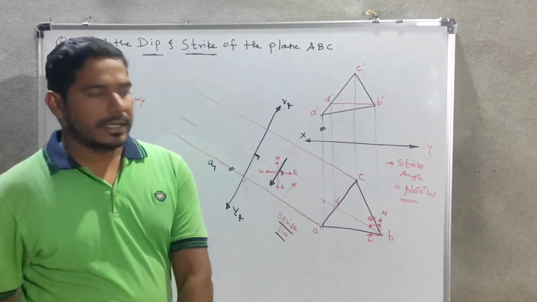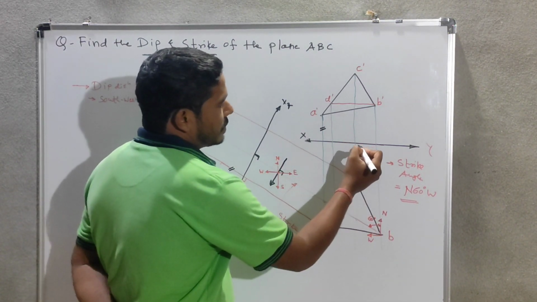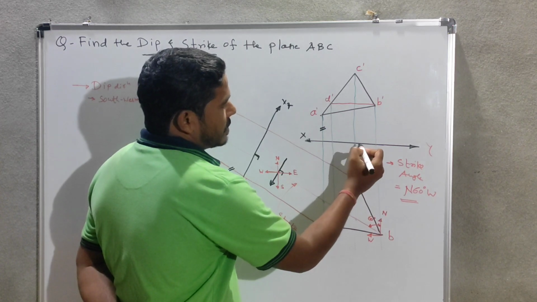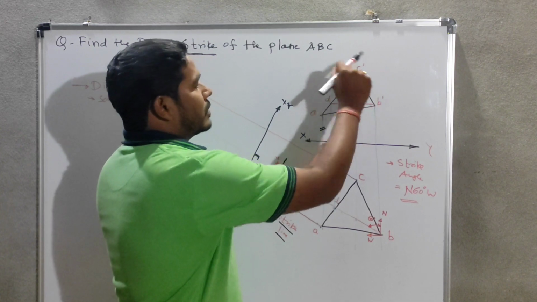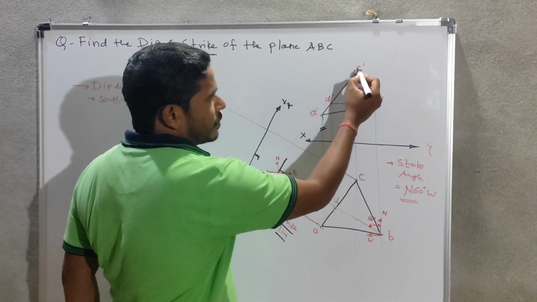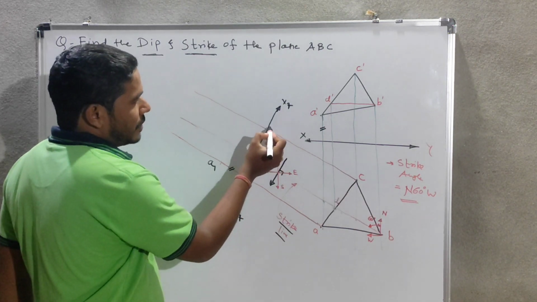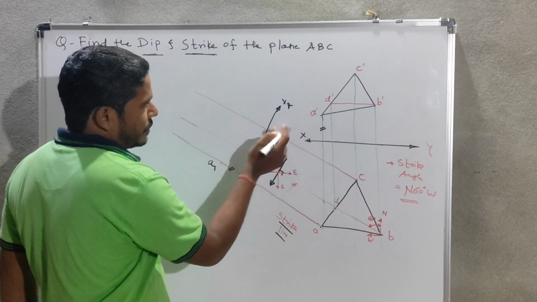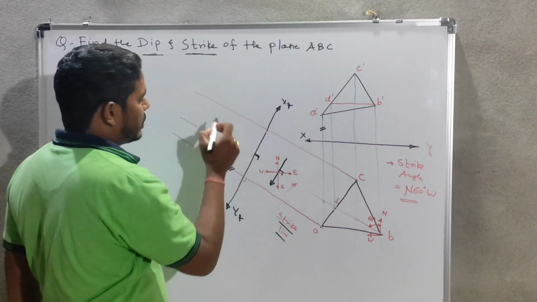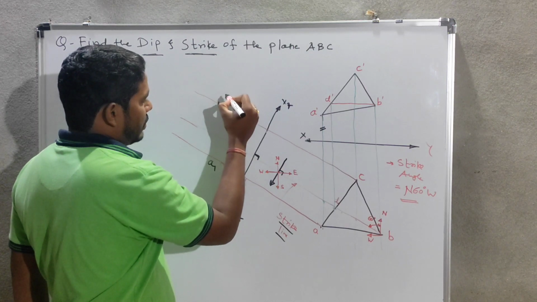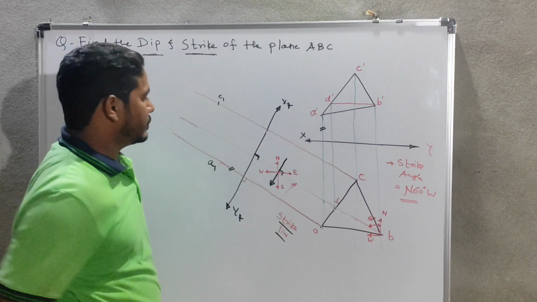Then next we have to take the distance of the point C from this reference axis xy, and we have to mark it on the projector of C, but from the reference axis x1 y1. So we take this distance and mark it here, and we will get the point C1.